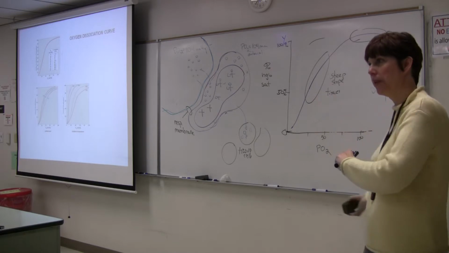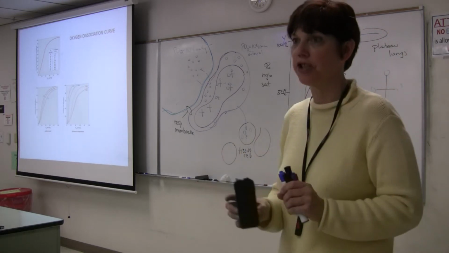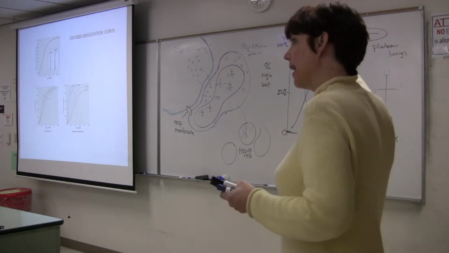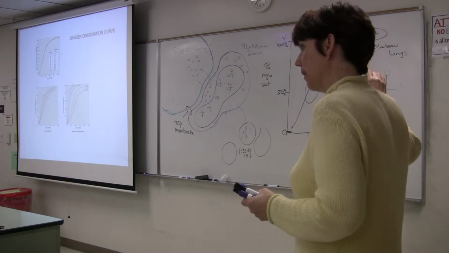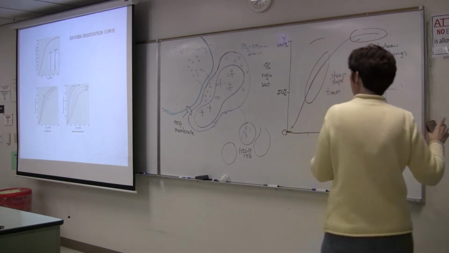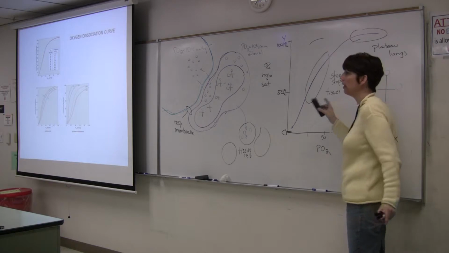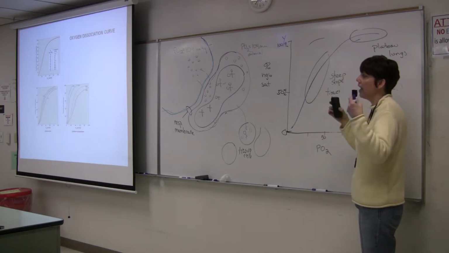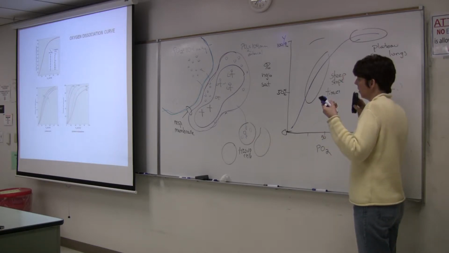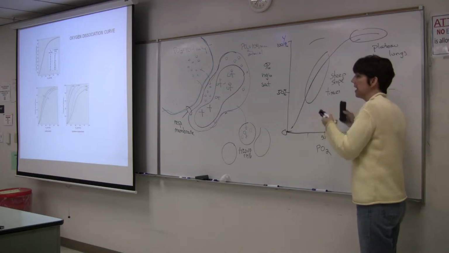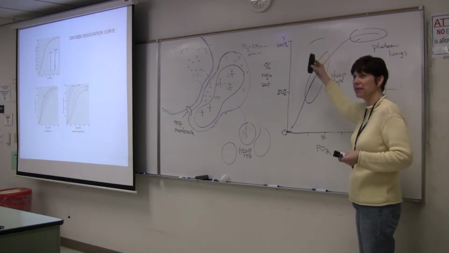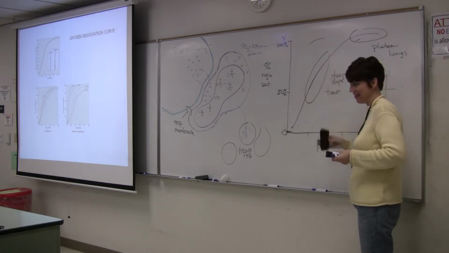Before I go further with this, I'm just going to talk about some conditions that change affinity. Are there any questions on how this works? Okay? Because this is the key concept on how hemoglobin uniquely fulfills its requirements to both carry and release oxygen.